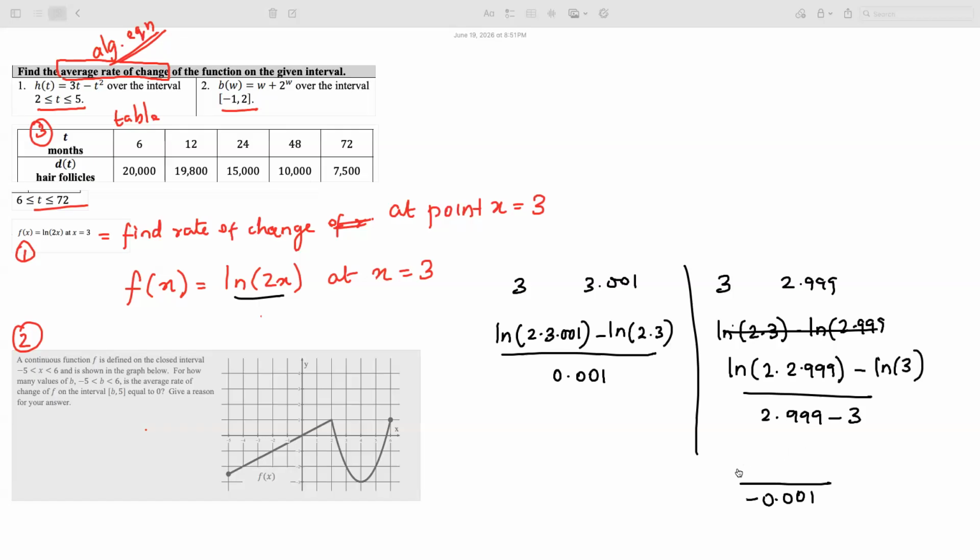What did you get? I'm checking, guys. I'm putting it in the calculator. 3 times 2.999 and 3.